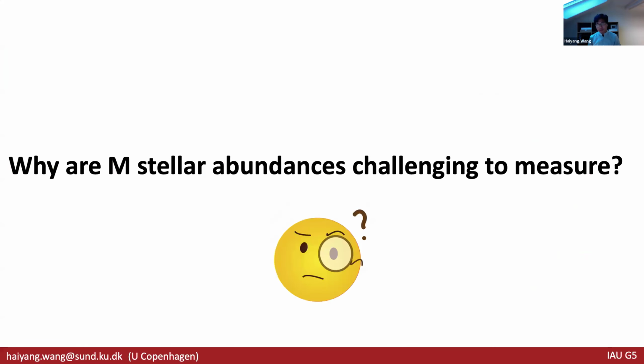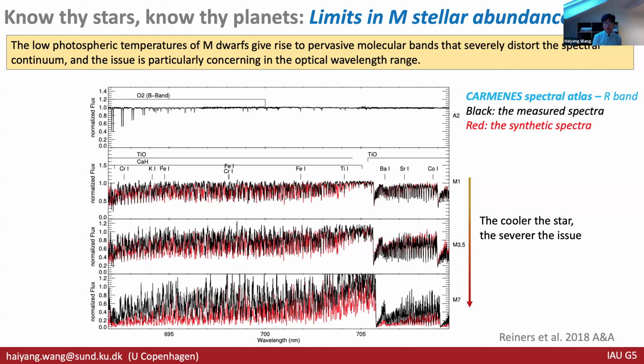So of course, just to bring everyone onto the same page on why M-star abundance is challenging to measure. First, because of the low photospheric temperature of these stars, they can give rise to pervasive molecular bands that can severely distort the spectral continuum.